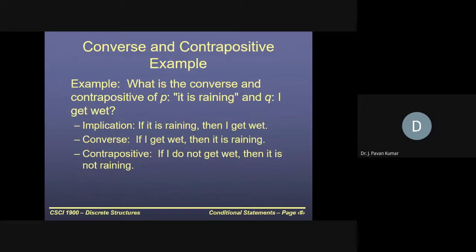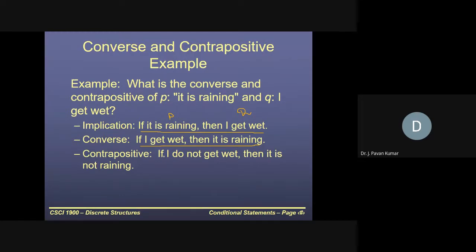Like if it is raining, then I get wet. Converse is if I get wet, then it is raining. What is P? It is raining. What is Q? I get wet. These are just implications. Now how will we write the converse? Q implies P. If I get wet, then it is raining.